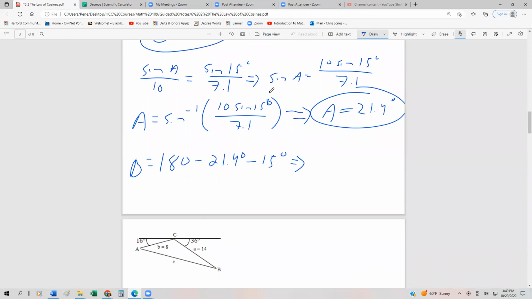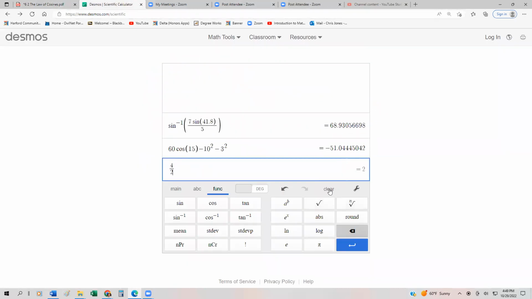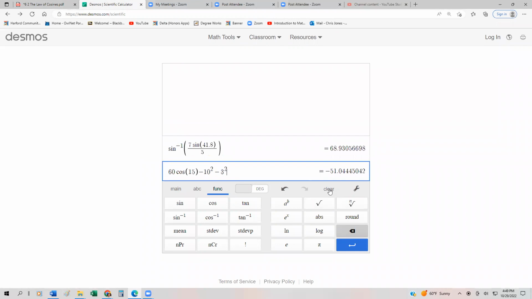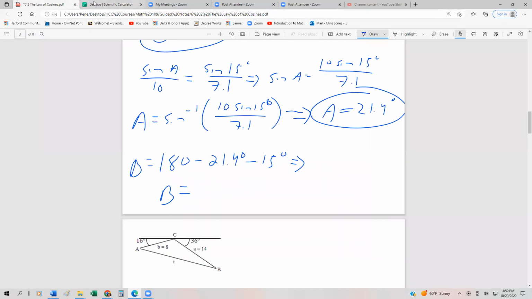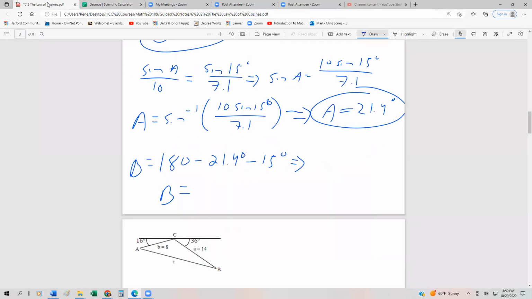Punch that in: 180 minus 21.4, and then minus 15. So we get 143.6 for the last.